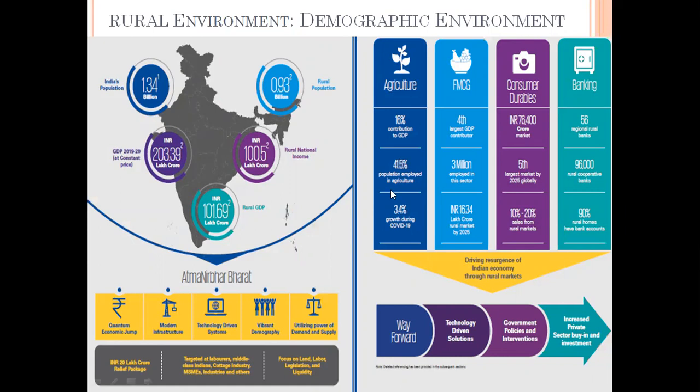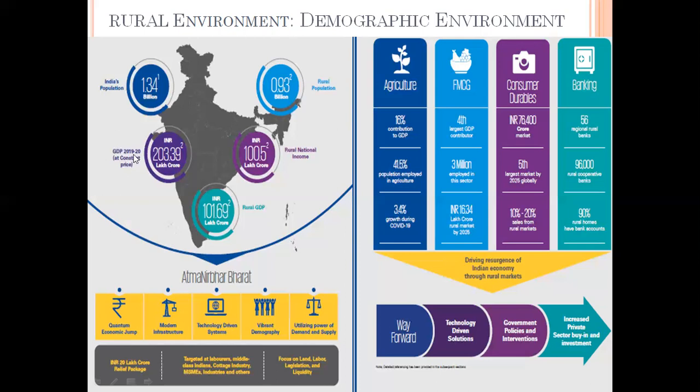You can see that the demographic environment, when we are saying, we are talking about India's population. According to one study, India's population is 1.34 billion, out of which 0.93 billion population lives in villages.